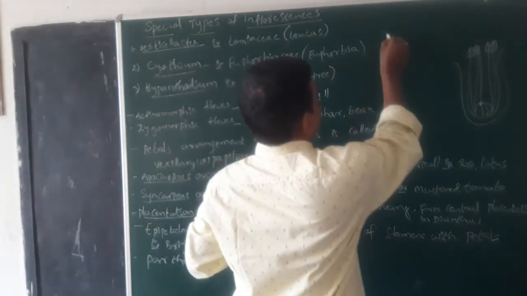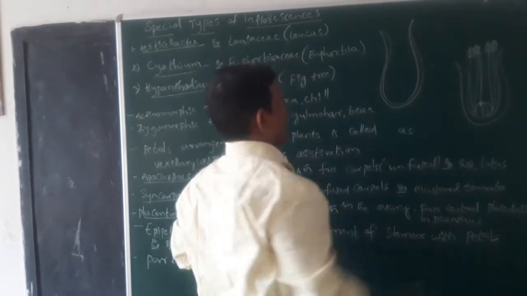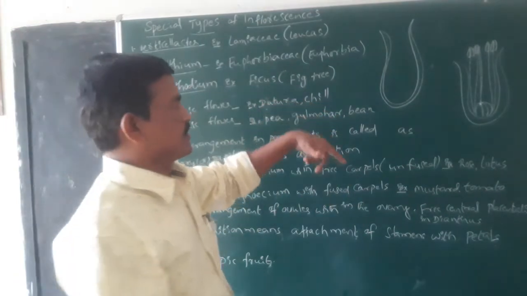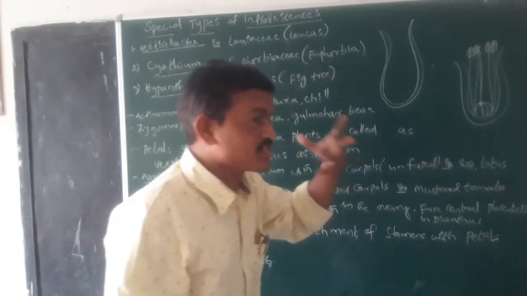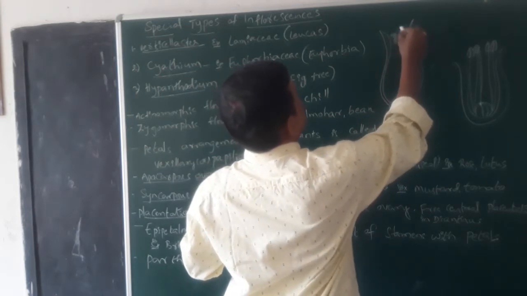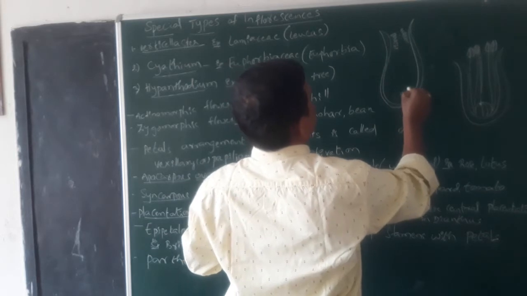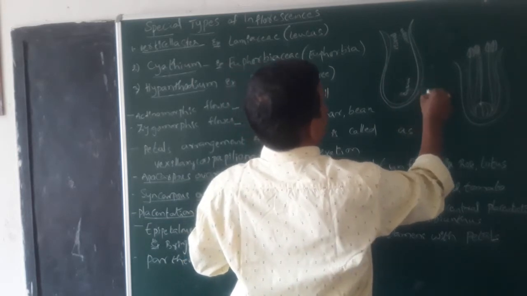In that kind of fleshy structure, usually male flowers are produced at the opening of the cup-like structure, whereas female flowers are produced at the bottom.